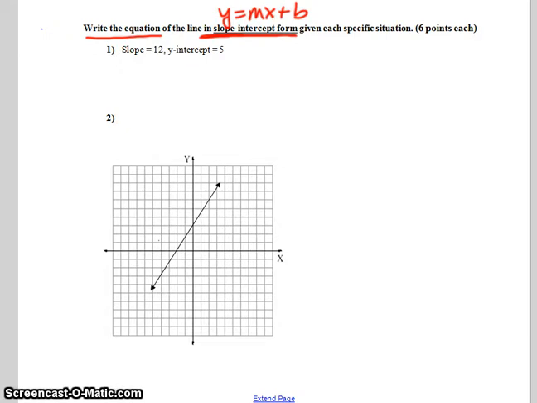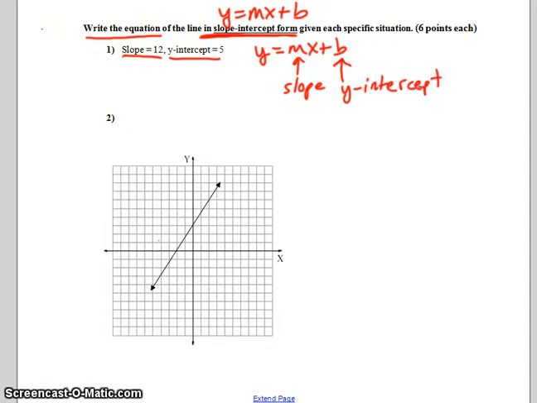For the first one, you're given the slope and the y-intercept. Y equals mx plus b. M represents the slope, and b represents the y-intercept. You need to know this for the current unit you're working on, Unit 7, as well, because you have to graph equations.